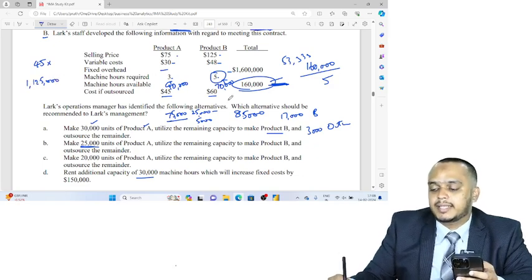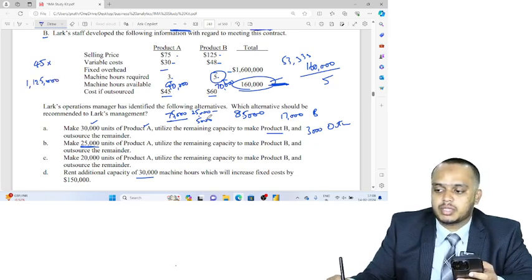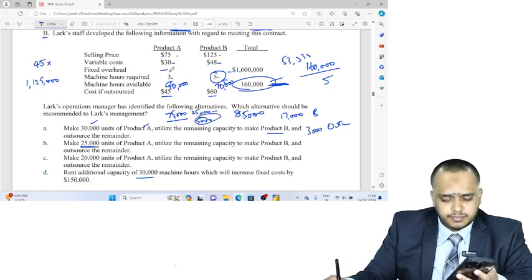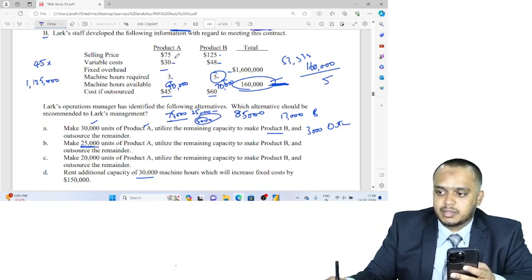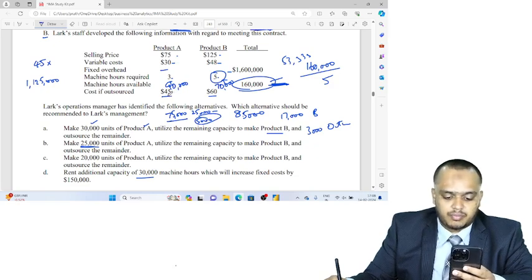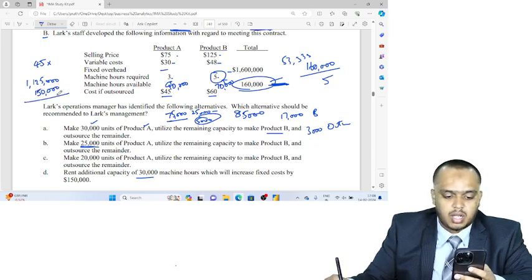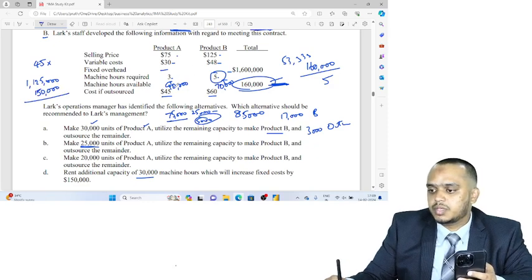Then I am outsourcing 5,000, because 25,000 I am manufacturing myself. What is my selling price? 75. If outsourced, the cost is 45. So 75 minus 45 equals 30, which is my contribution here. 30 multiplied by 5,000 equals 150,000. Now this is with product A.